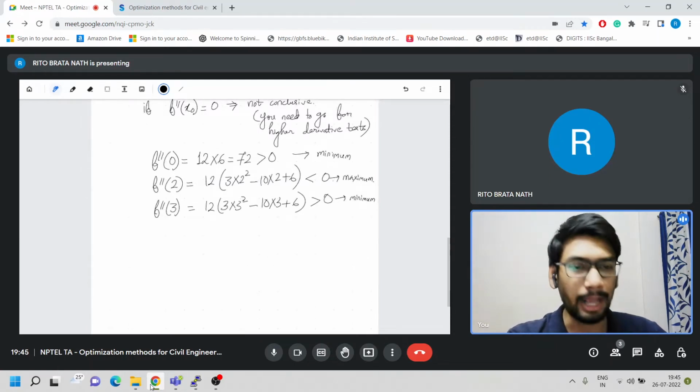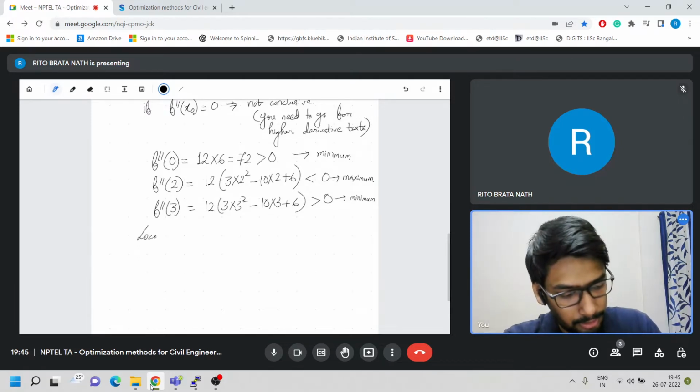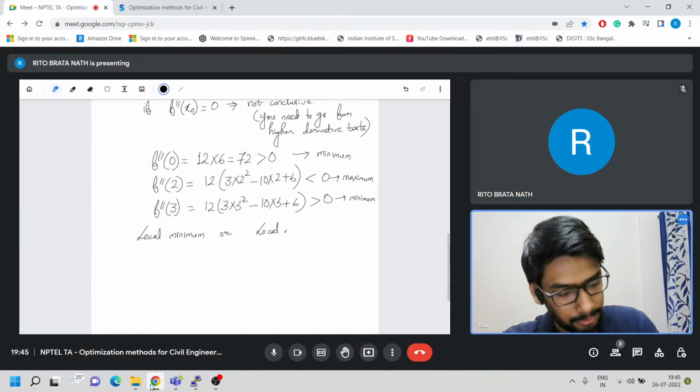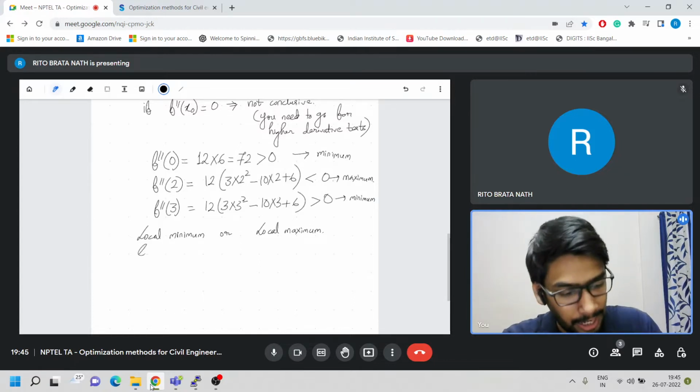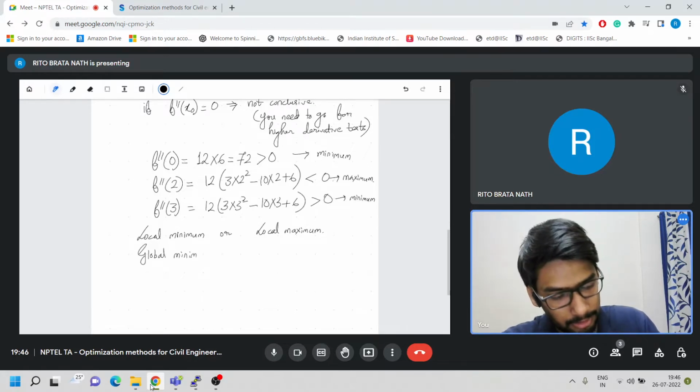A function can have multiple minima or multiple maxima, and these will be called the local minimum or local maximum. And if you find the minimum or the maximum over all these local minimums or local maximums, you will have the global minimum or the global maximum.